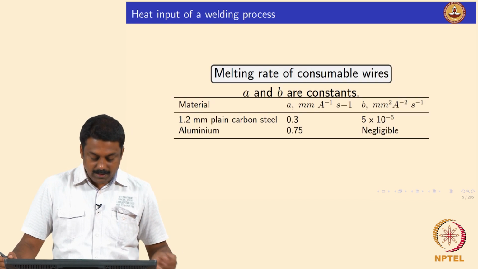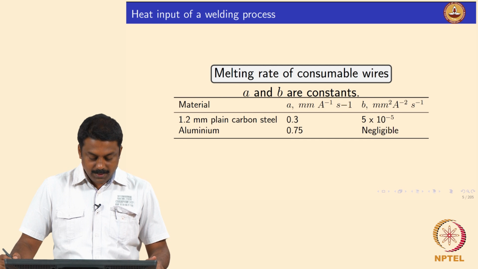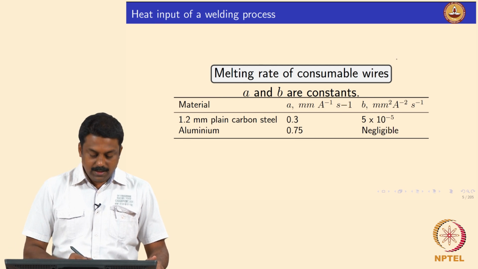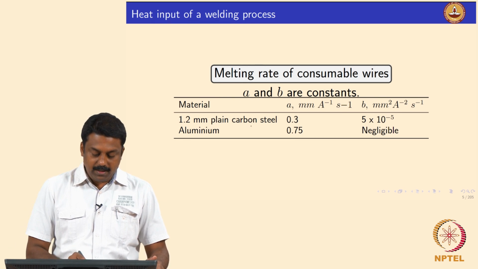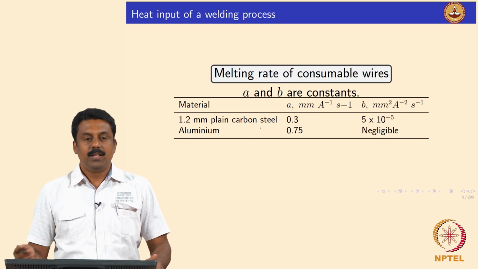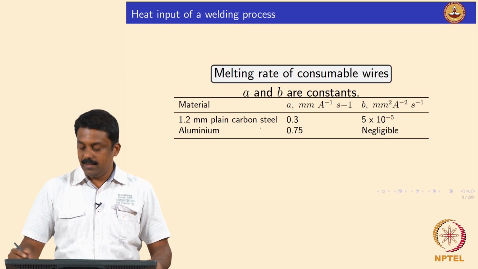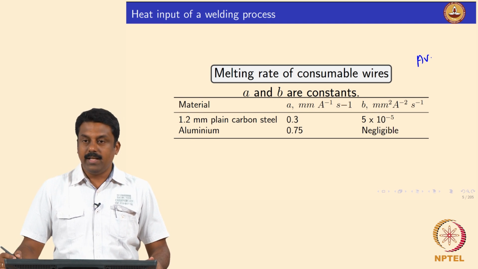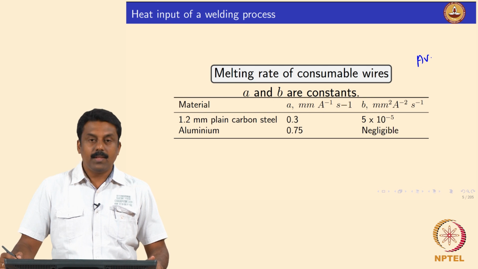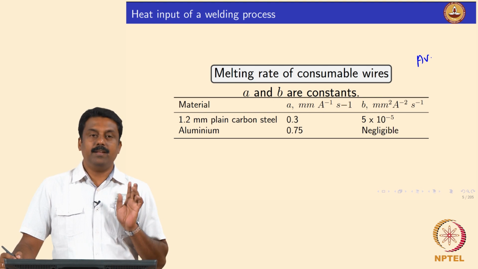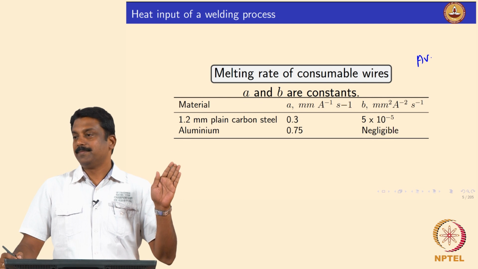For example, I just calculated a few A and B values. In this case, A and B for 1.2 mm plain carbon steel, which is the most commonly used filler wire, with argon shielding gas. Everything is fixed.